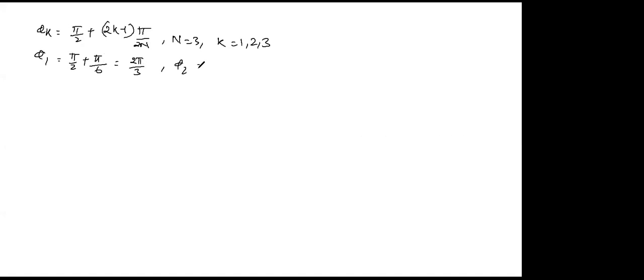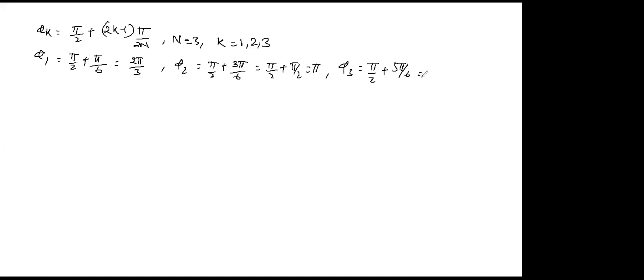So what is phi 2? Phi 2 is pi by 2 plus 3 pi by 6, that equals pi by 2 plus pi by 2 equals pi. Then what is phi 3? Pi by 2 plus 5 pi by 6. This is 3 pi by 6, then 5 pi by 6, then 7 pi by 6, like this.